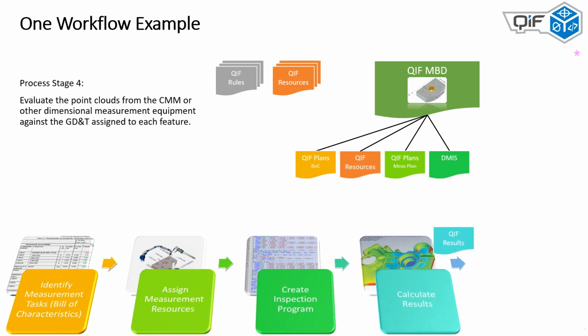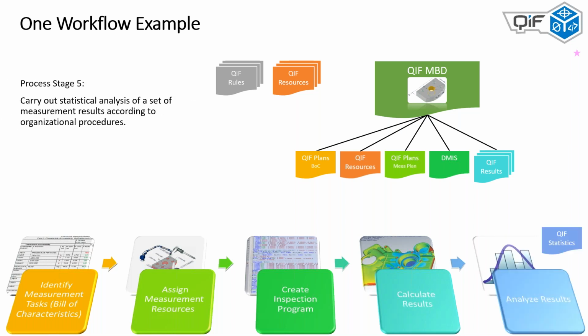Then you will get measurement results. First, you'll get maybe point clouds of information for measuring your features, and then you evaluate those against the GD&T or your tolerances or your other specs. And then you'll have a group of QIF results for each part instance, and then you can group that information and analyze results with QIF statistics.